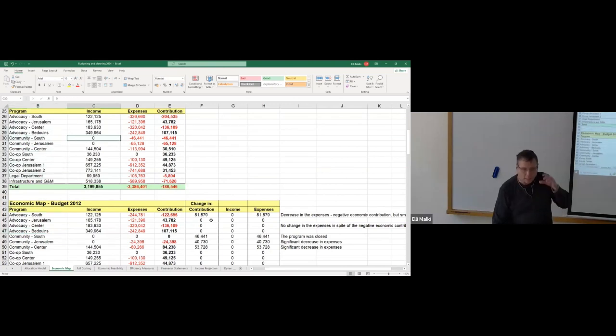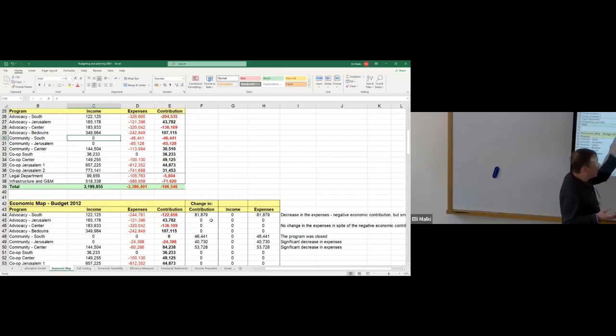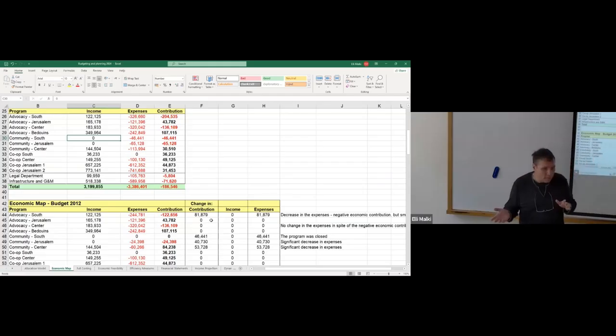There was no income for this program in 2011. They had expenses, and the director decided to close it. If the program is closed, there's no income, but all the expenses are saved. So the effect on the economic contribution is 46,000 with a plus sign. Okay? Is this clear? Yes. And so the program was closed.